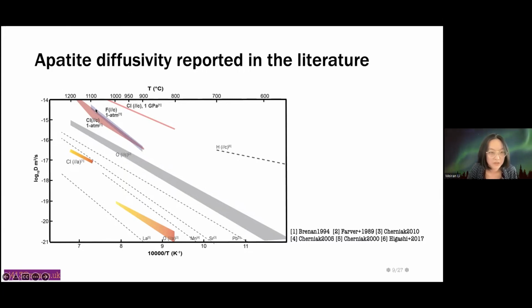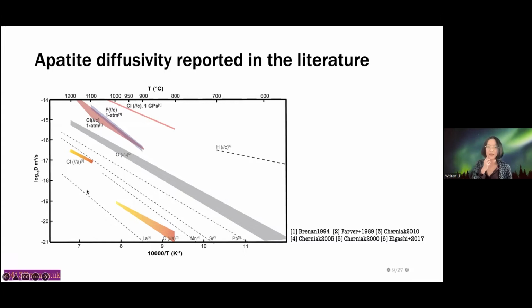It seems to diffuse slightly slower than fluorine and seems to have a strong anisotropy, so a lot faster diffusion parallel to the C-axis than the A-axis. These chlorine-fluorine measurements were all from Brenan 1994. There's also other data for other elemental diffusion in apatite, such as rare earths and other cations. You can see that they're a lot slower than the diffusion of chlorine and fluorine at the same temperature.